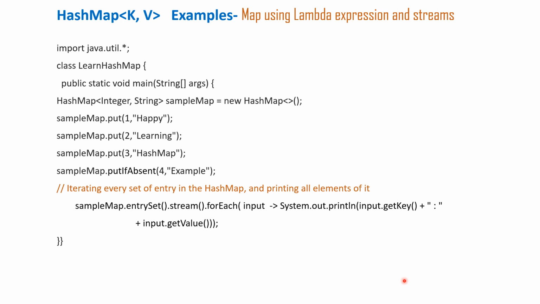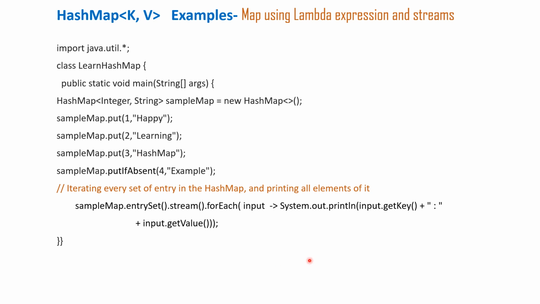Here I have used key colon value, so it should show like this. So input dot getKey and input dot getValue. So we take the HashMap object and its entry set, whatever entries we have, and after taking that, we apply stream on it and iterate.